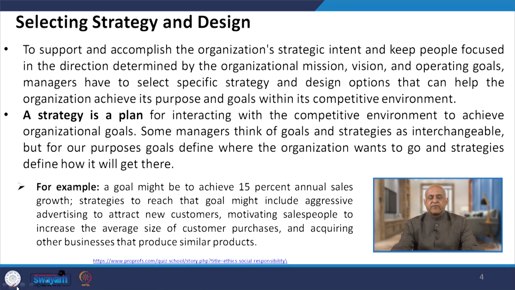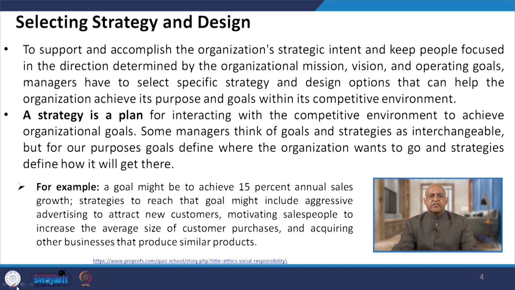Now when we are deciding these organization goals and the operating goals, definitely we have to select the strategy, that is, what will be our strategy to achieve these goals. The strategy should support and accomplish the organization's strategic intent and keep people focused in the direction determined by the organization's mission.